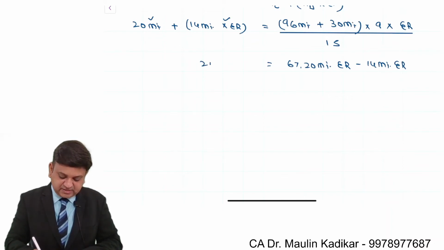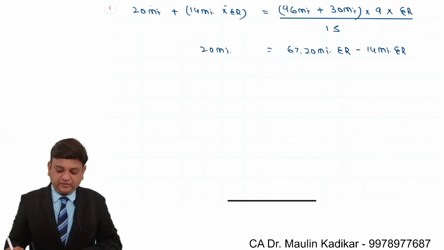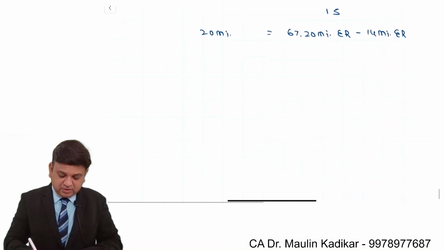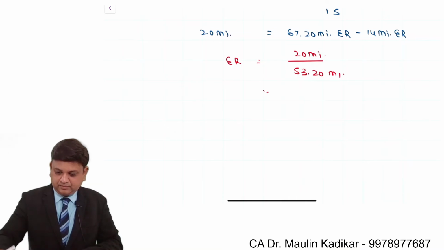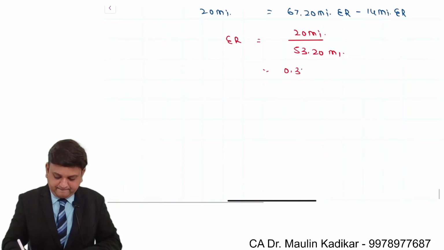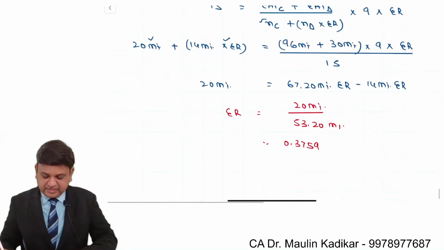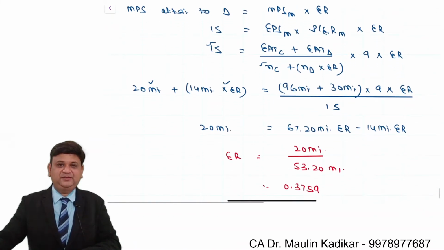This is kept as it is, 20 million. So 53.2 million. So the exchange ratio is equal to 20 million divided by 53.2 million. So the answer is 0.3759. This is the minimum required exchange ratio by D Ltd.